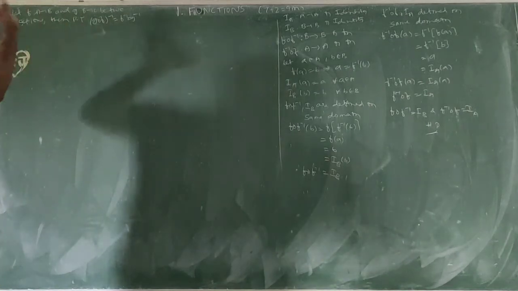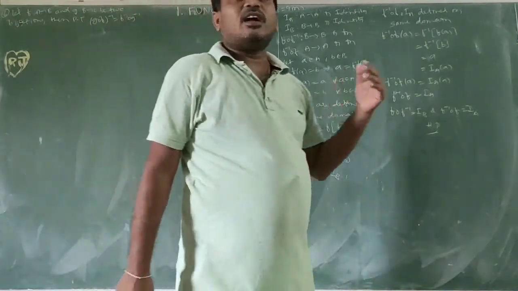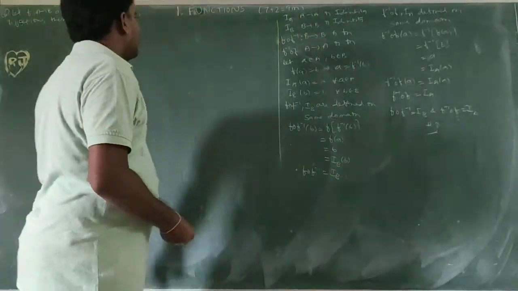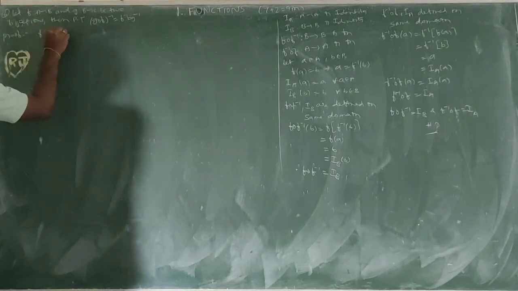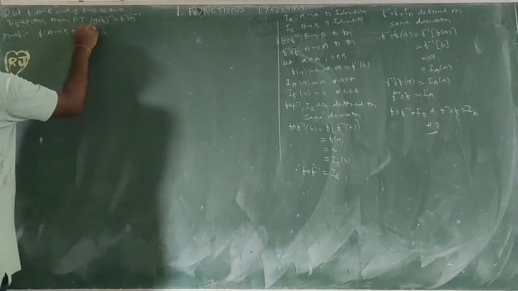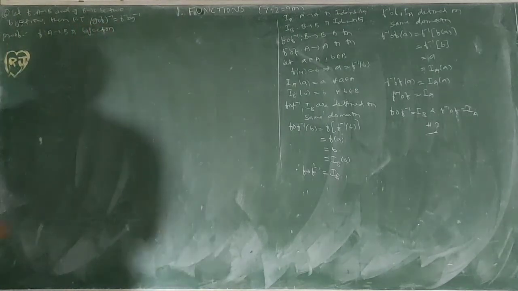So we need to prove this. First, we already know F and G are bijections, so automatically G circle F is also a bijection. Proof. F from A to B is a bijection.